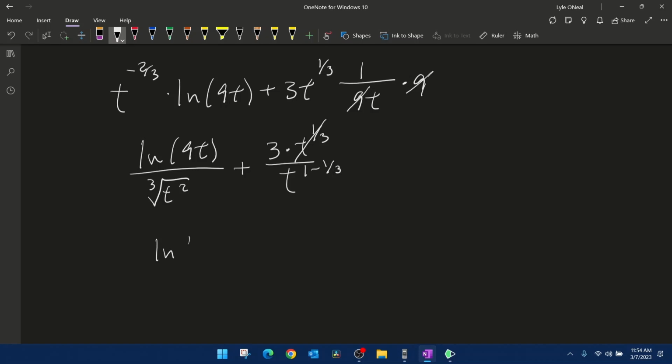Is that natural log of 9t over the cube root of t squared plus 3 over... is that also going to be the cube root of t squared? Yes, because 1 minus 1/3 is 2/3, which is positive. And then I can convert it back. And now do I have a common denominator?